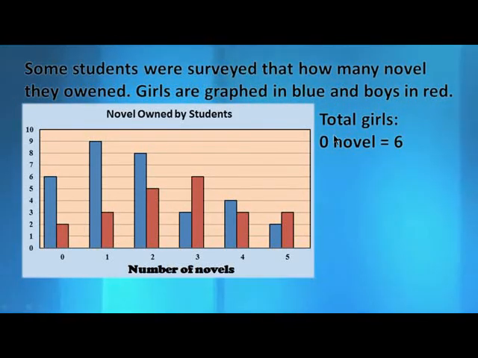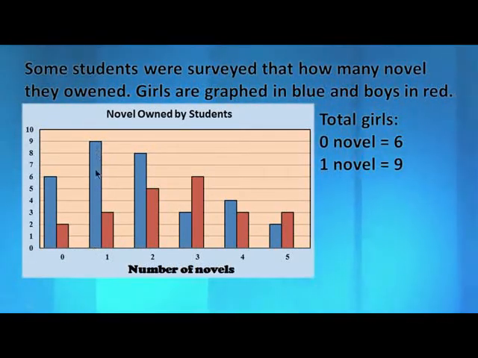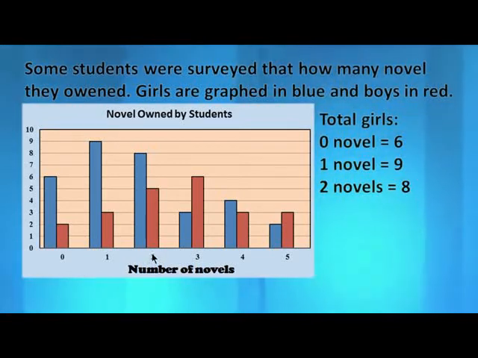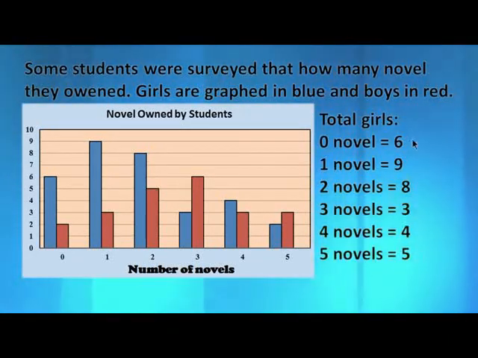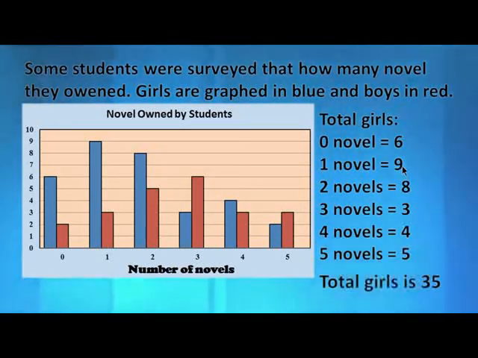The number of girls that have 0 novels is 6. And there are 9 girls that own only 1 novel. There are 8 girls that own 2 novels, and so on. So, how to find the total girls? You have to add all these numbers together. You'll find that the total girls is actually 35.